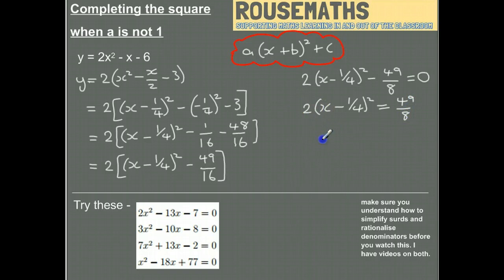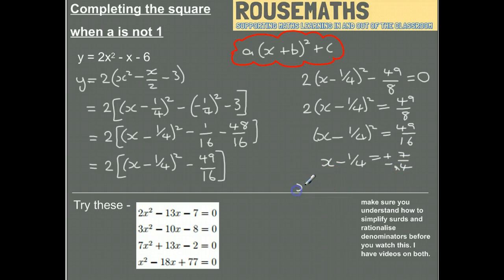Divide both sides by 2. Square root both sides, and don't forget when you square root that you could get a positive or a negative. And the square root of 49 over 16 is 7 over 4.